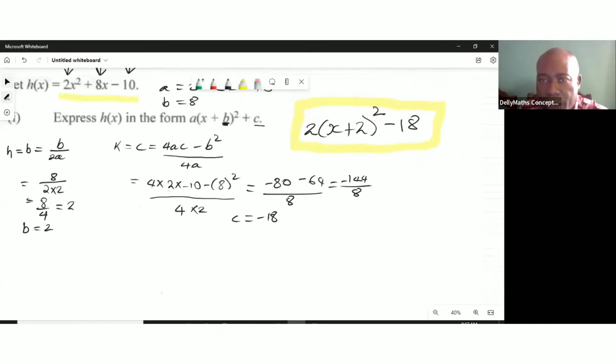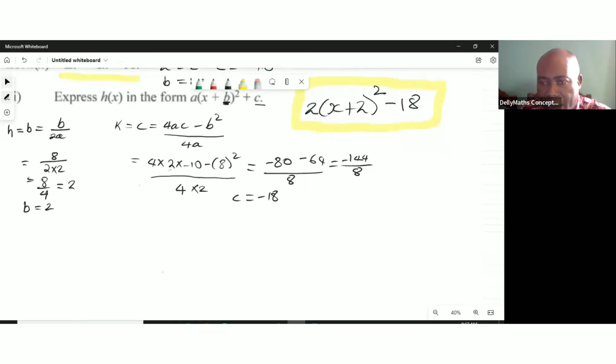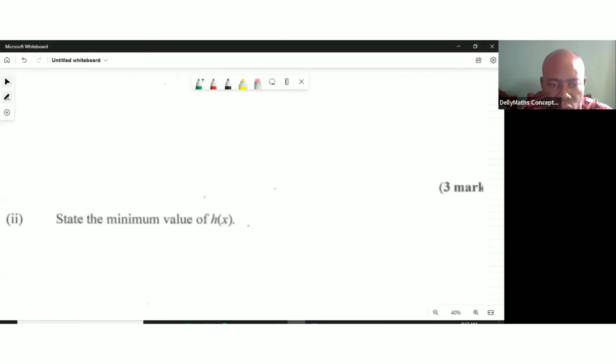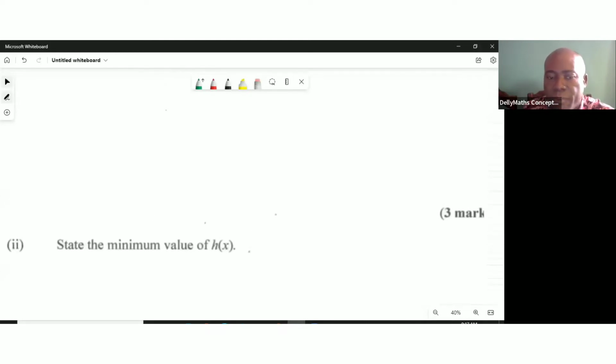Let us see now if there are questions that they're asking. First question says state the minimum value of h of x. The minimum value is always, so if I have this, I have a(x plus b) squared plus c. My minimum value is any number that I have here.